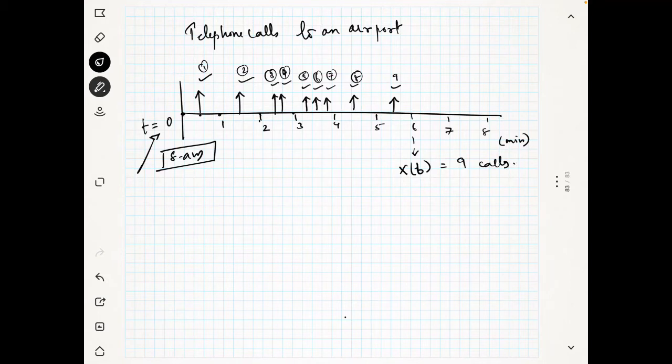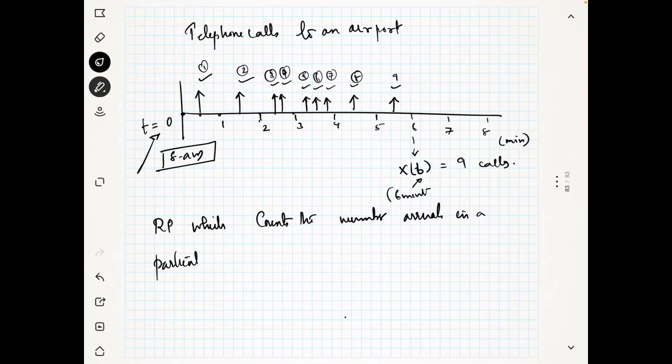This kind of random process, which counts the number of arrivals in a particular amount of time, here 6 minutes, is called the Poisson process.